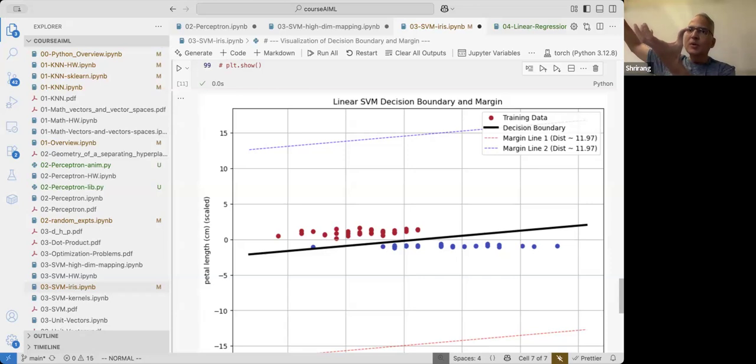So what becomes more important is the margin, the W transpose W, and I want to minimize that. On the other hand, if I set it to 2000, the slack variables become very important, and because we want to minimize them, we'll make sure all slack variables are 0 and there's nothing inside the margin.